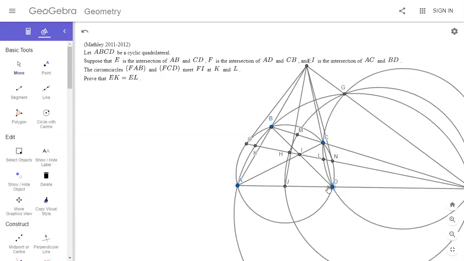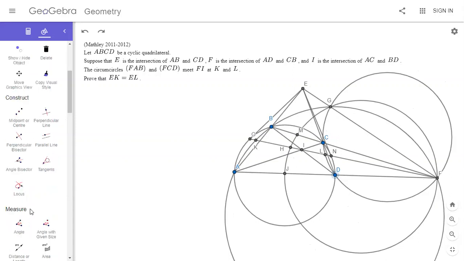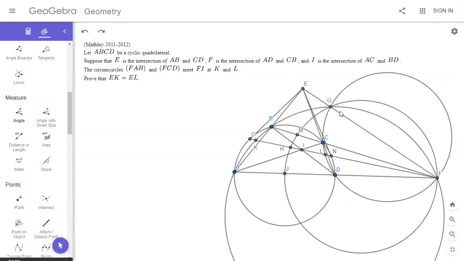Oh, EH and J aren't necessarily collinear. I got tripped there. Let me check this. I don't think this is necessarily 90 degrees. Yeah, it's not. Okay, it's not as easy as I thought.